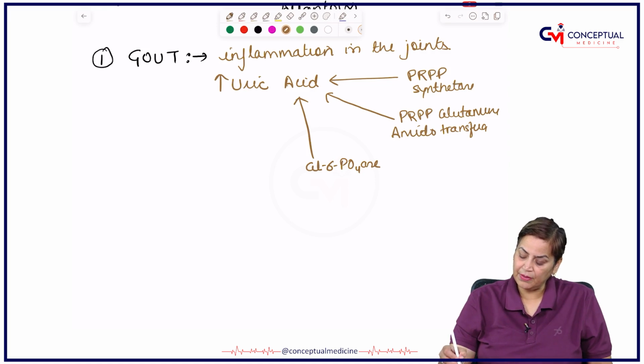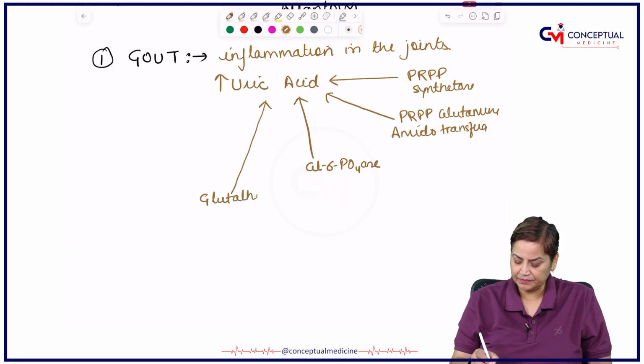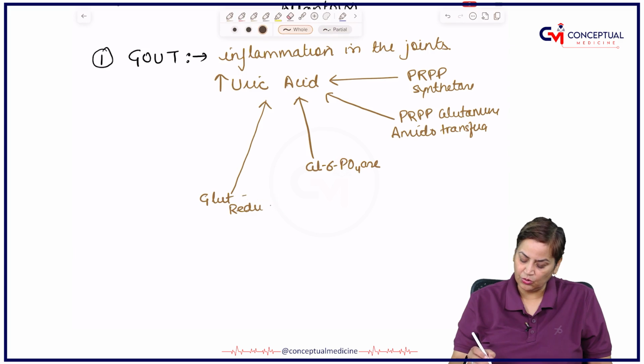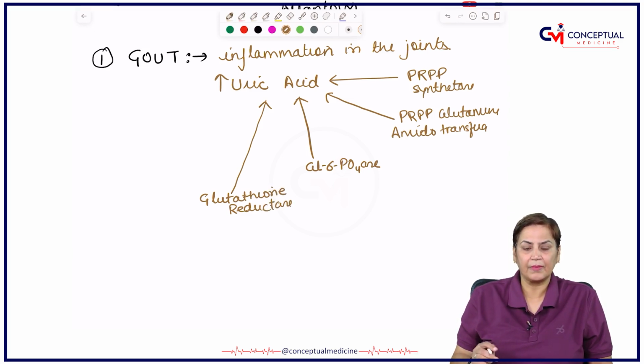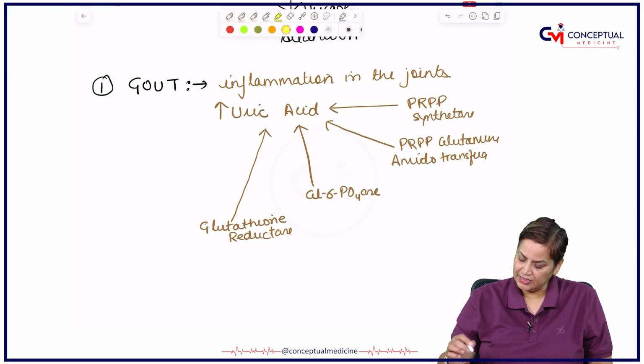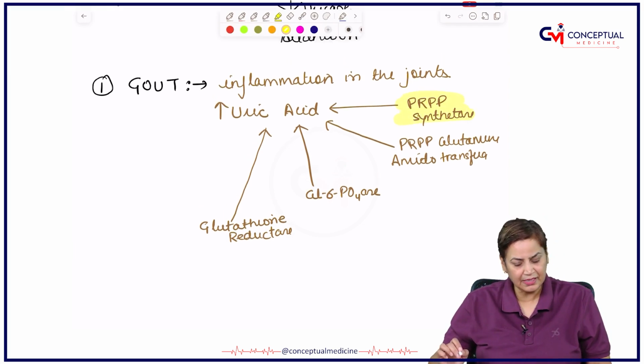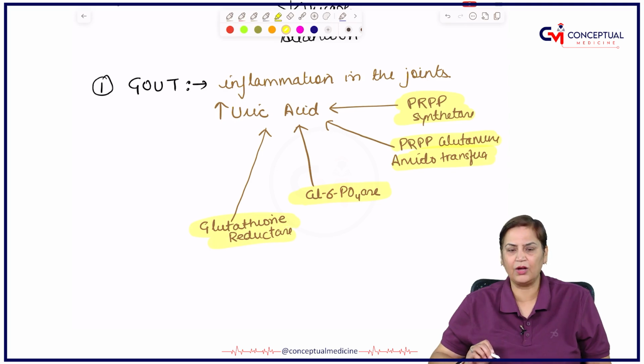So whether it is PRPP synthetase, PRPP glutamine aminotransferase, glucose 6-phosphatase, or glutathione reductase, all will lead to the increased concentration of uric acid. So I'll just highlight what happens when PRPP synthetase is not working, and when glucose 6-phosphatase or glutathione reductase is not working.